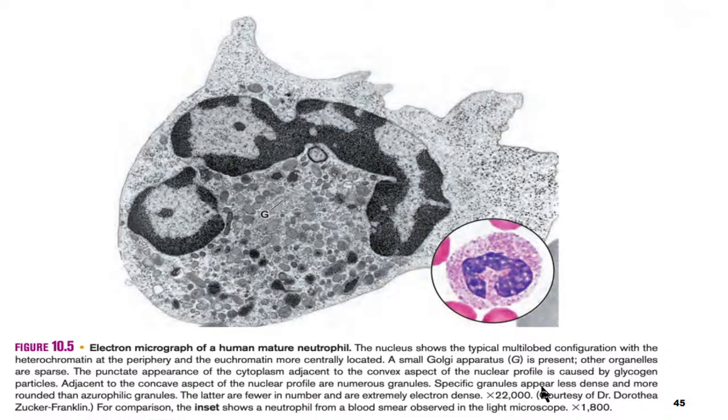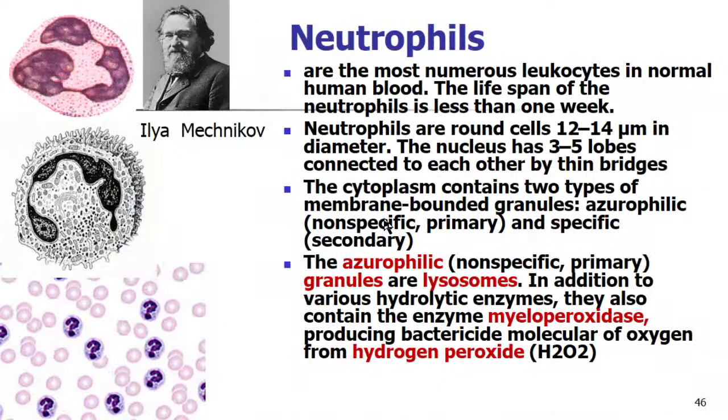The specific granules are also dense and more round; the azurophilic granules are named so because they stain more azure. The extremely electron-dense ones we have to identify in transmission electron microscopy.